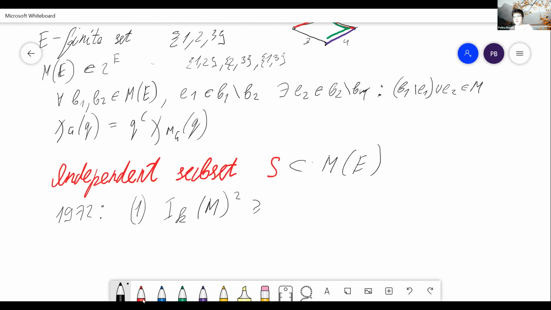So we consider a set of some subsets of E, which belongs to the matroid. I think I've created quite a confusion here. I apologize. So there are statements of increasing strength, which Mason suggested.